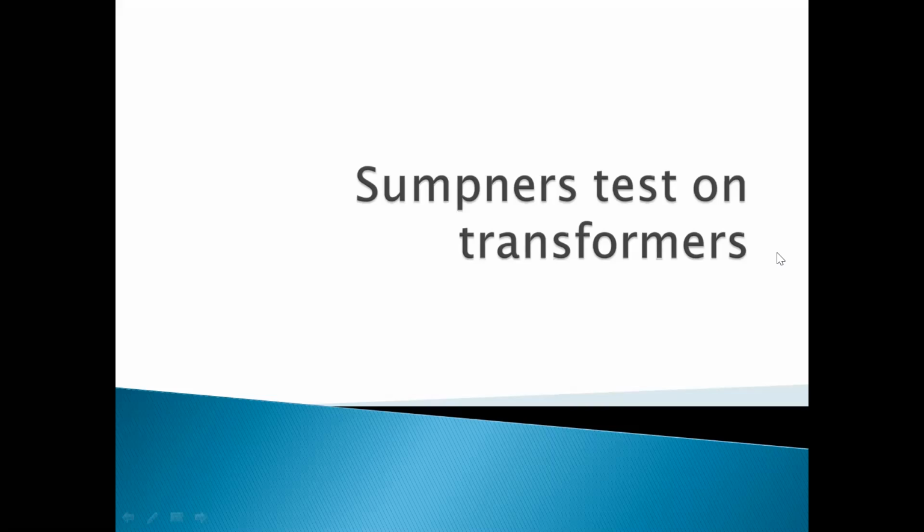But in the OC and SC tests, two tests are conducted one after another. The first open circuit test is conducted, and then the short circuit test is conducted on the same transformer. In the open circuit test, we get core losses. In the short circuit test, we get copper losses.